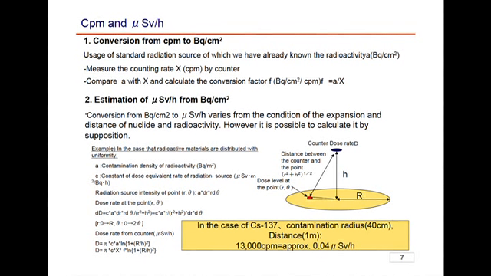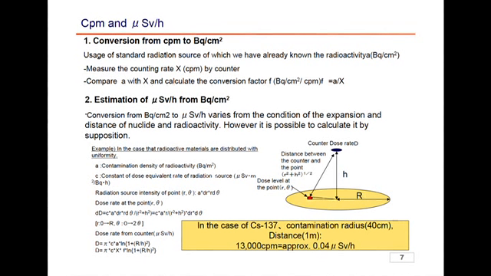Then, with respect to the assumption from becquerels per square centimeters to microsieverts per hour, as shown in the picture on the right, we assume to some degree the location of the detector and the shape of the surface with the radioactivity, and we count with the detector and convert the number of becquerels.